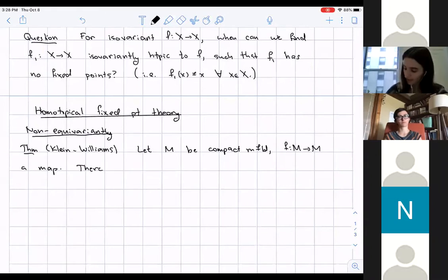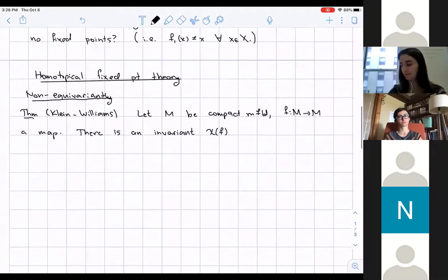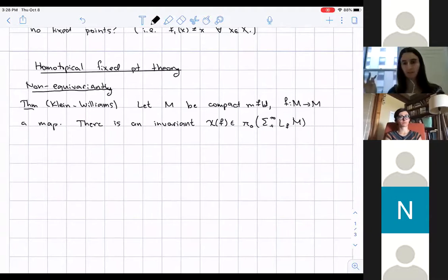What they did is they produced an invariant, which we'll call chi of f. This is some kind of characteristic thing of f in the zeroth stable homotopy group of the twisted free loop space of M. I'll soon define what that is.